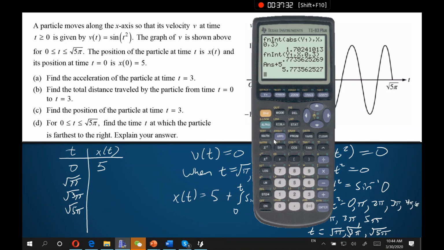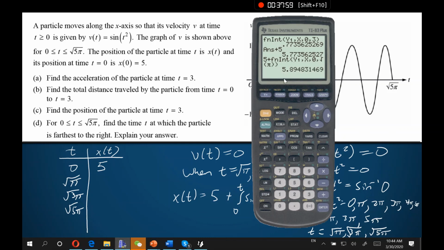So this is 5 plus math 9, our change in position. That's the integral of y1 in terms of x from 0 to our time. Our first time is the square root of pi.